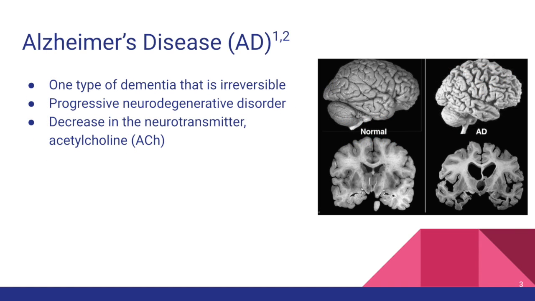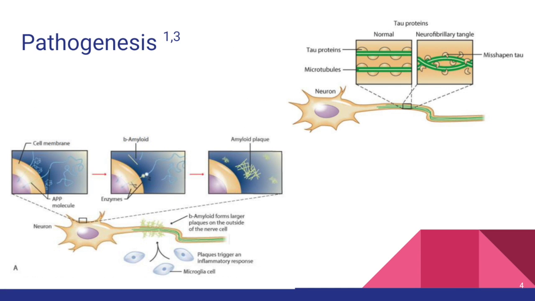Alzheimer's disease is one type of dementia that is irreversible. It's a progressive neurodegenerative disorder which damages the cerebral cortex and subcortical areas of the brain, and there is a decrease in the neurotransmitter acetylcholine. Outside the cell, there is an overproduction and under-removal of beta amyloid, which creates an amyloid plaque that sticks to the cell membrane.